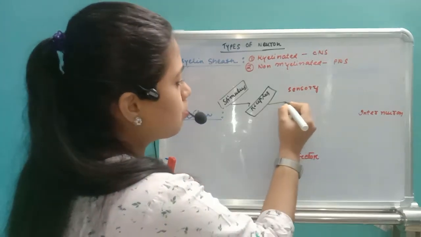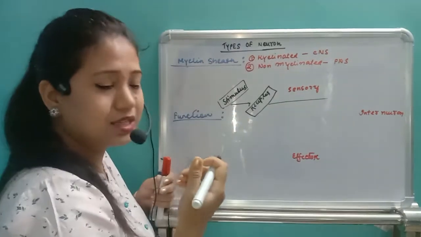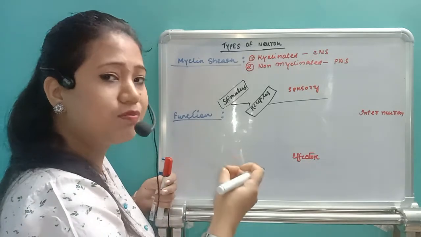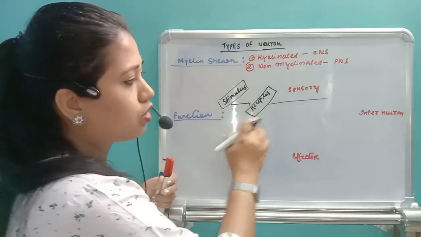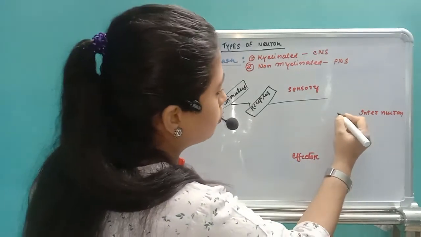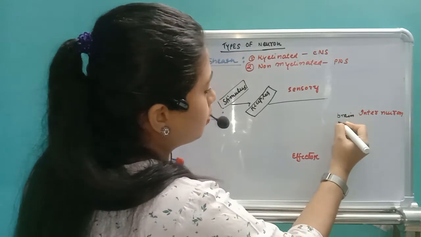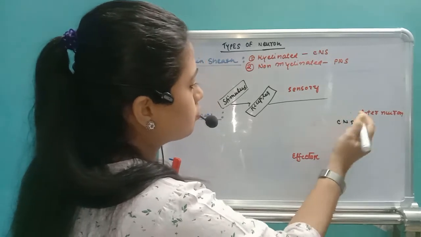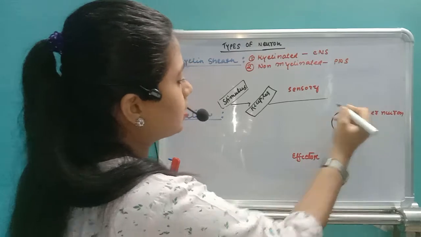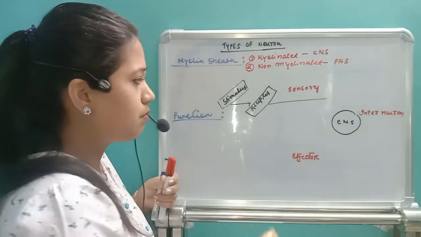So this receptor organ will take this sense, and one type of neuron will help in taking that stimulus via this receptor organ to the brain. The brain or spinal cord we can call the CNS. So this is the CNS which is taking that impulse.